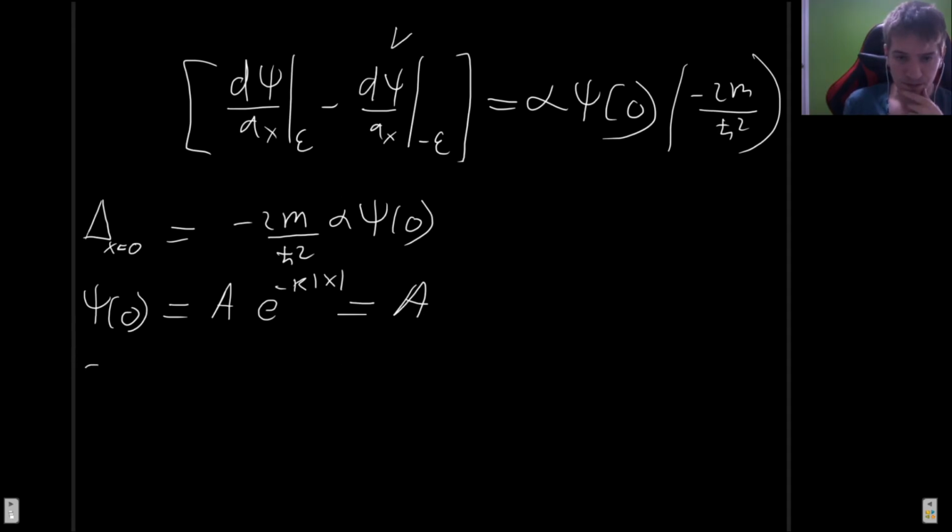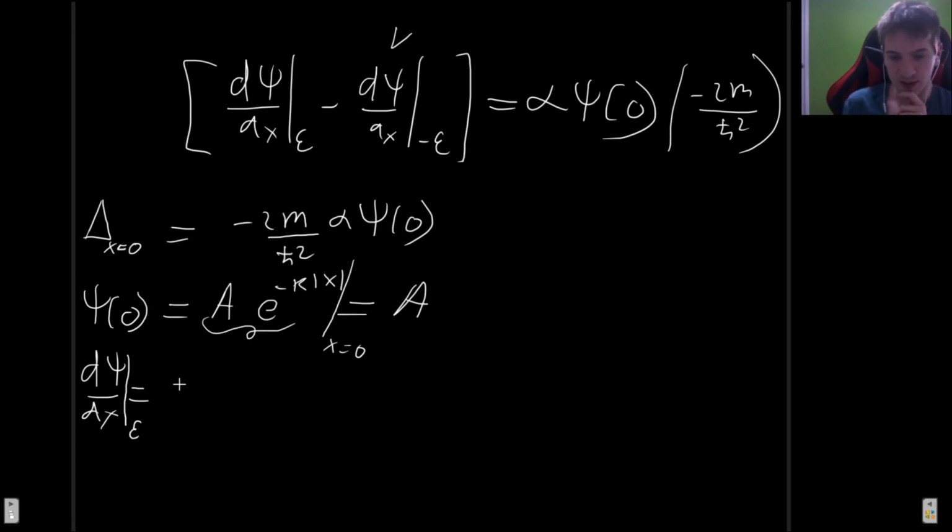And now d psi dx, let's take a look at this. When we do this derivative, I have to put here that this is evaluated at x equals 0. We have to take into consideration that this first part, evaluated at epsilon, is going to be the region where x is positive.